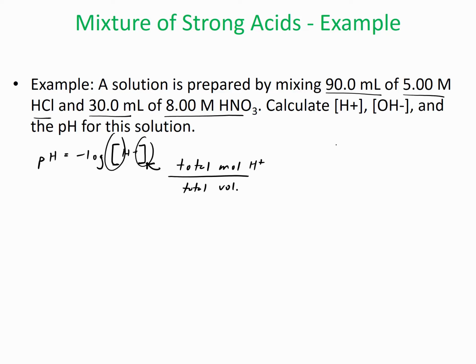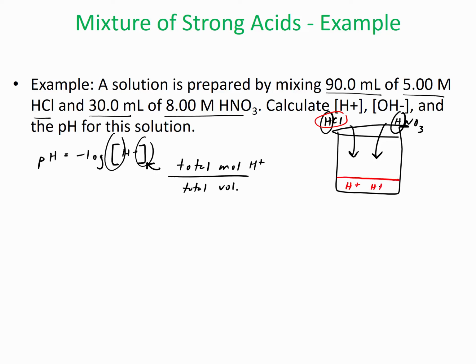Okay, and it's best done if we imagine a picture here, just like at the beginning of this. We're going to have a source from HCl, and it's going to add some H pluses. And then we're going to have HNO3 add some H pluses. We need to get those total volumes. The HCl will bring 90 milliliters, and the HNO3 is going to add another 30.